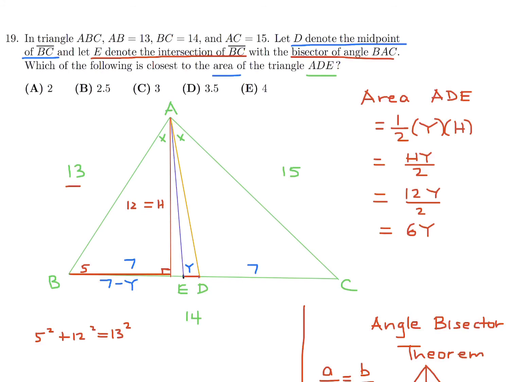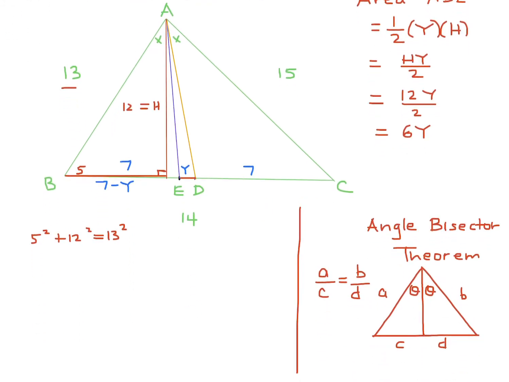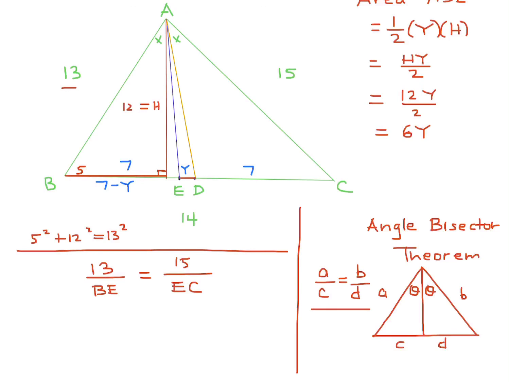All right? So therefore, using the angle bisector theorem, we have the following. 13 over BE is equal to 15 over EC. All right? So I hope that makes sense. Just using that formula. So 13 over BE is equal to 15, but EC I want to write in terms of BE.